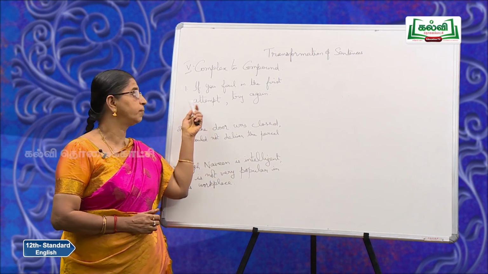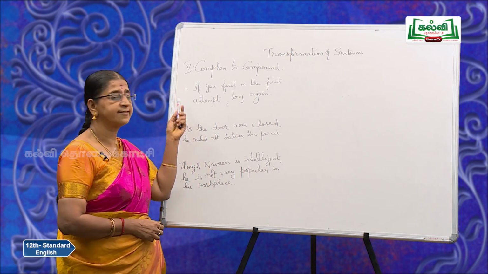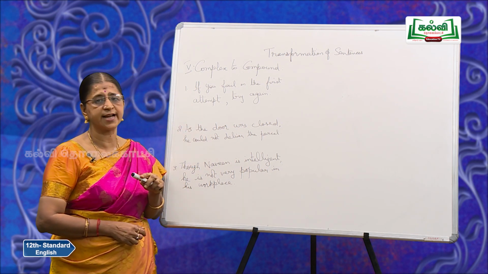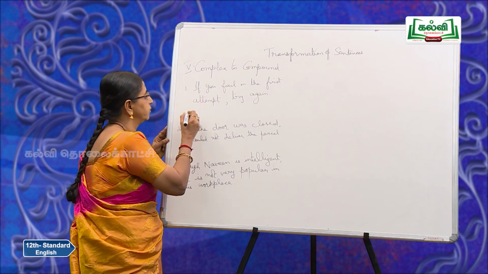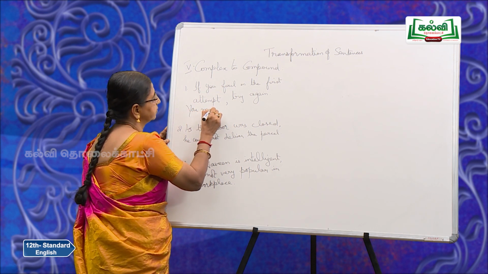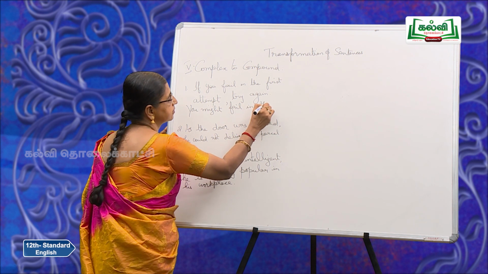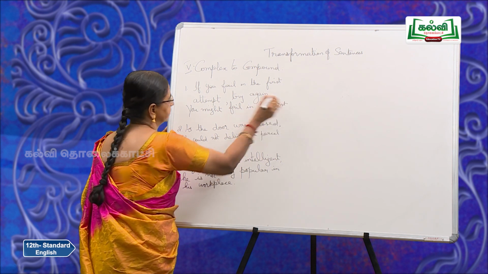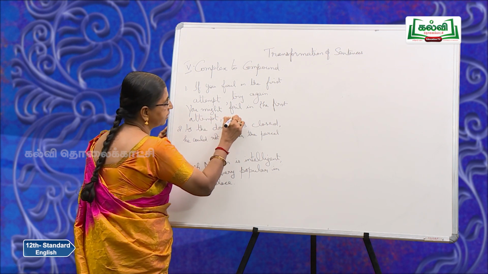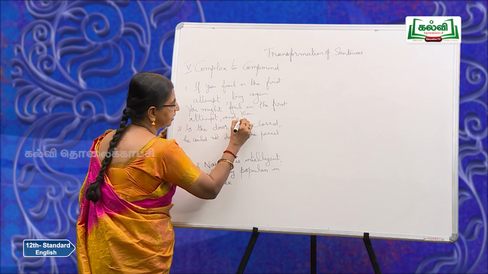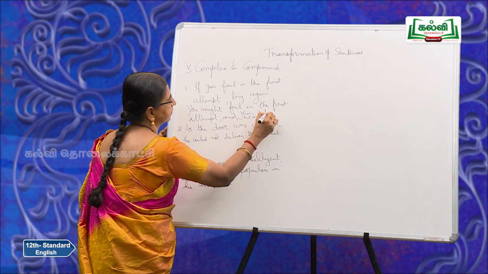Now, we have a set of complex sentences which we are going to convert into the compound. Now, look at this sentence. If you fail in the first attempt, try again. Now, if it has not already happened, so you might fail in the first attempt and then, and in that case, try again.